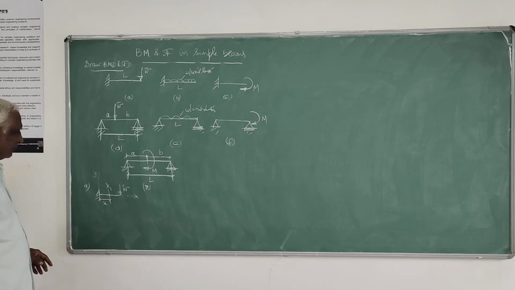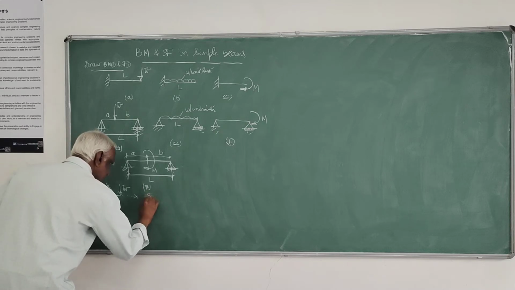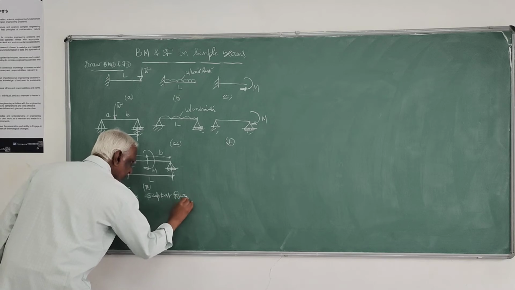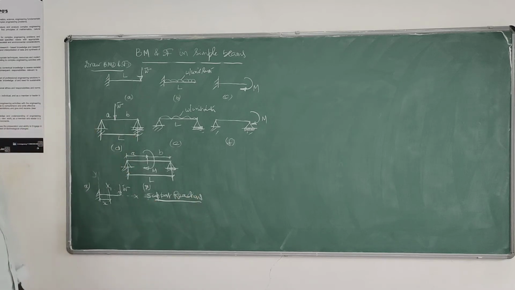If I take this first, I have to find the support reactions. For finding the support reactions, I told you how to apply the equations of equilibrium: that is three equations, sigma H is 0, sigma V is 0, and sigma M equals 0.